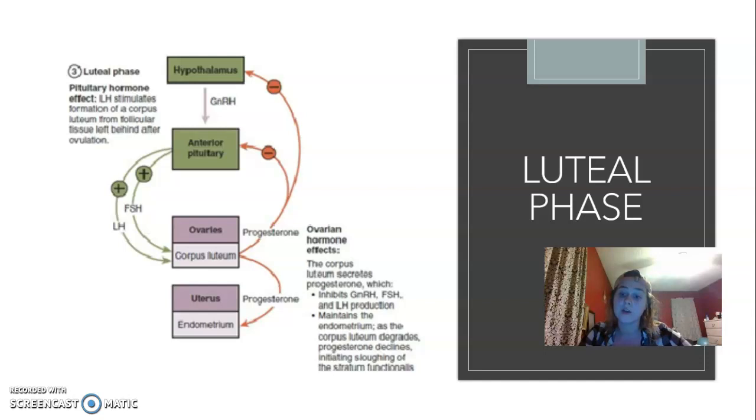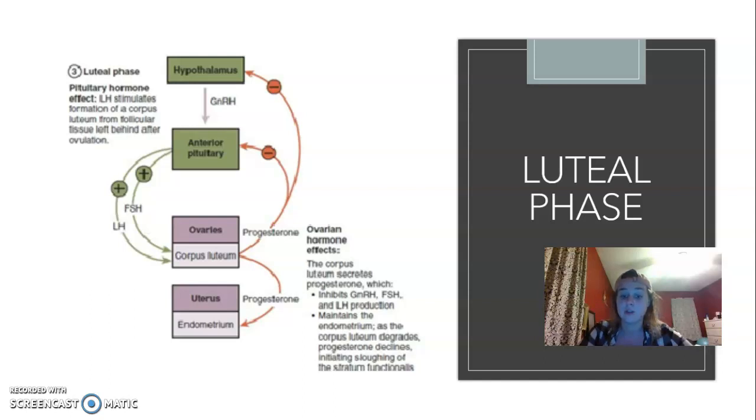When the surge of luteinizing hormone happens, it also stimulates a change in the granulosa and theca cells. This is referred to as luteinization, hence we call LH luteinizing hormone. This transforms the collapsed follicle that was basically destroyed into the corpus luteum, which can also be referred to as the yellowish body.